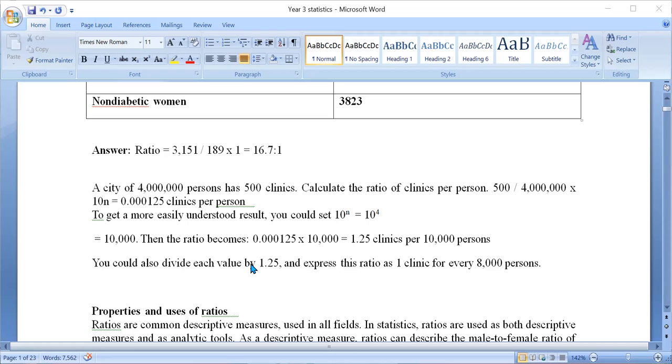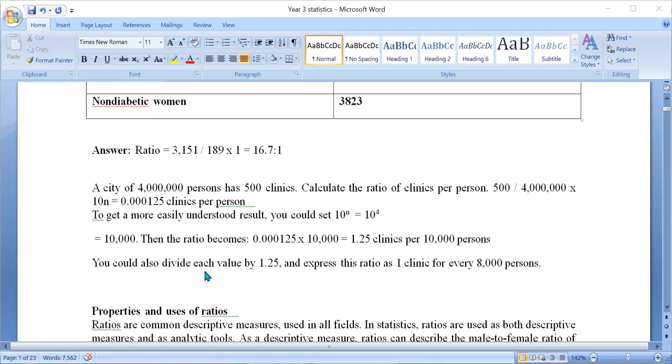Recall that this was what was given: 4 million persons has 500 clinics. Calculate the ratio of clinics per person, which we arrive at by 500 divided by 4 million, times 10,000. That is how we arrive at this, because this would give us this fraction, which is difficult to explain.